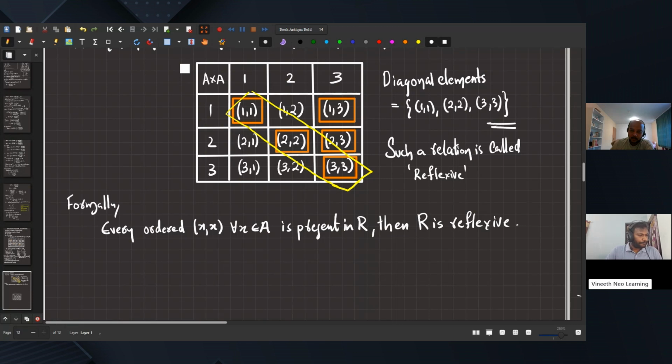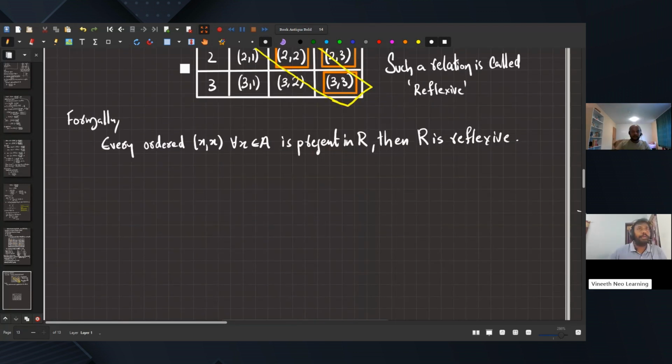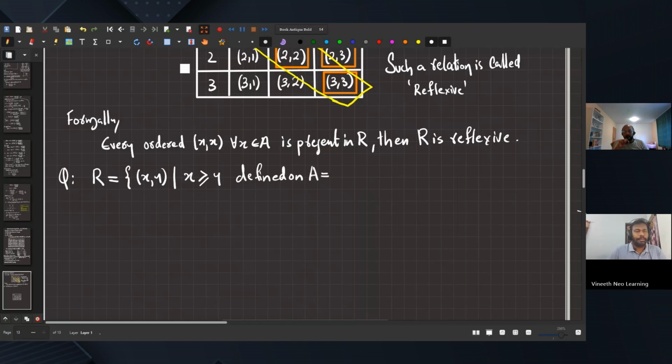Let me give you an example, a problem. If R is the relation of ordered pairs (x, y) such that x is greater than or equal to y, defined on the set A = {1, 2, 3, 4}, is this reflexive?